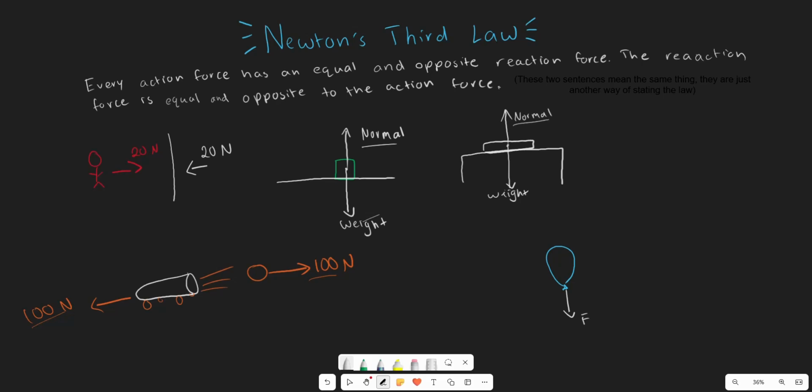And the reason why the balloon flies off is because the equal and opposite force causes the balloon to fly off with the same force F. And that is another example of Newton's third law. As you can see, Newton's third law is very evident in our everyday lives.